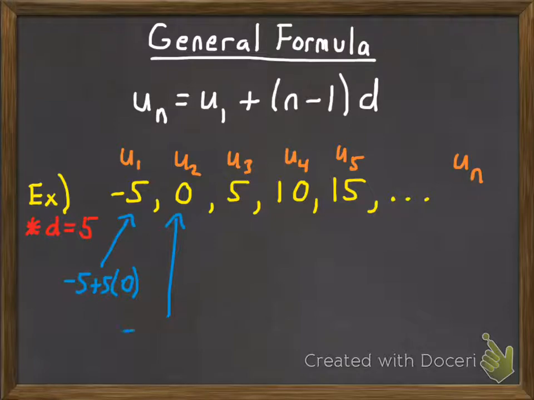I can write 0 as negative 5 plus the common difference one time. I can write 5 as negative 5 plus the common difference of 5 twice, right? Negative 5 plus 10 is 5, and so forth.